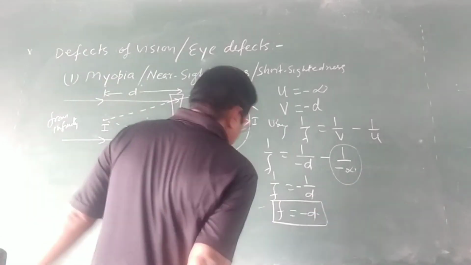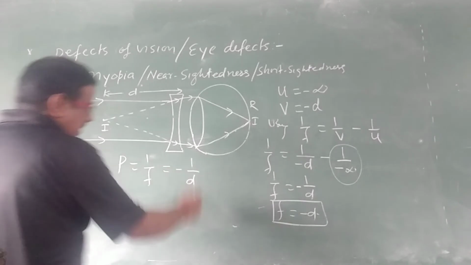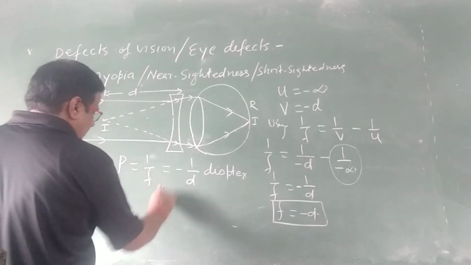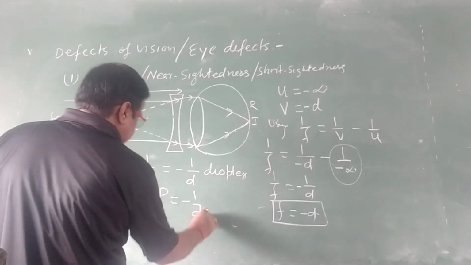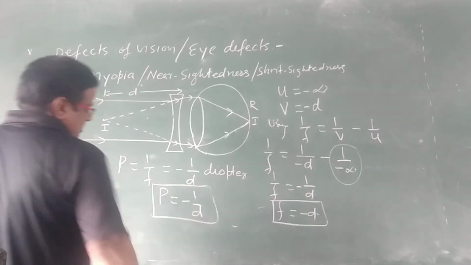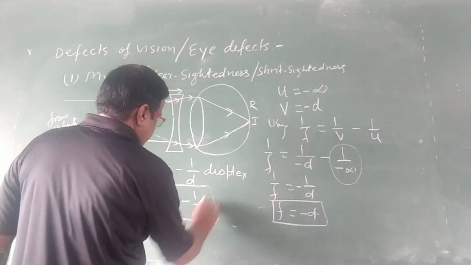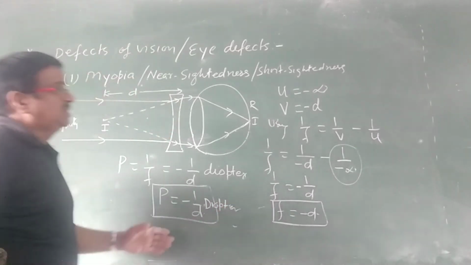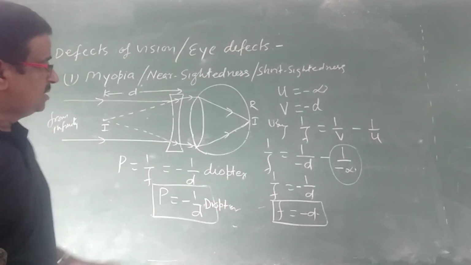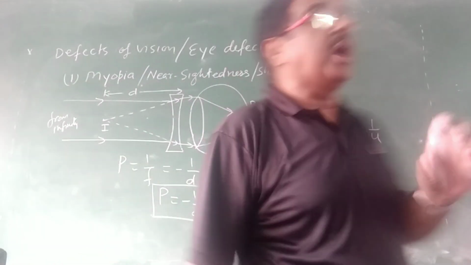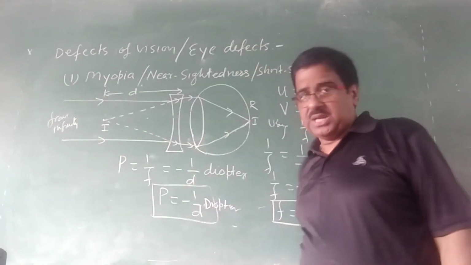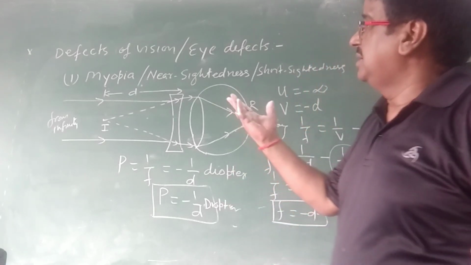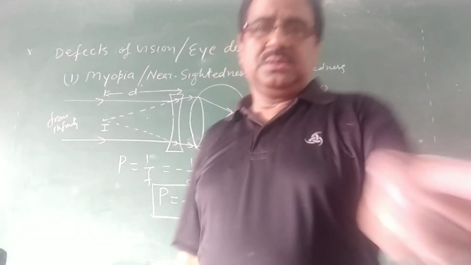It may be in centimeters, but it should be in meters, then only can we write diopter. Capital D is diopter. So this is how we can calculate the power or focal length of the lens required for the correction of myopia. In the next video, I will explain hypermetropia. Thank you.